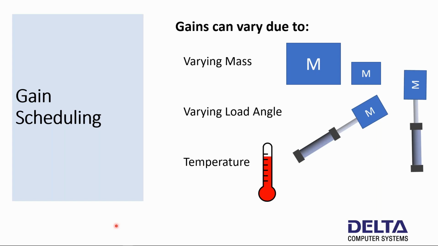Or temperature. If you have a big difference in your controllability, if the oil is hot or if the oil is cold, you may need to have different gains. And there's more things that may require different gains. So gain scheduling is simply the process of changing gains on the fly as you're running to deal with some parameter, mass, load angle, temperature, that requires you to change your gains to have good control.